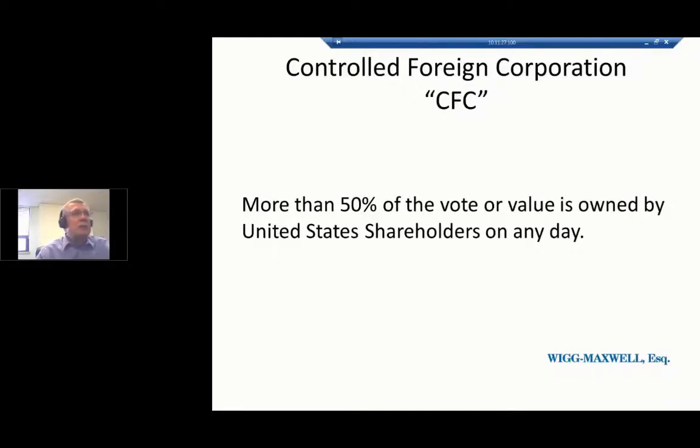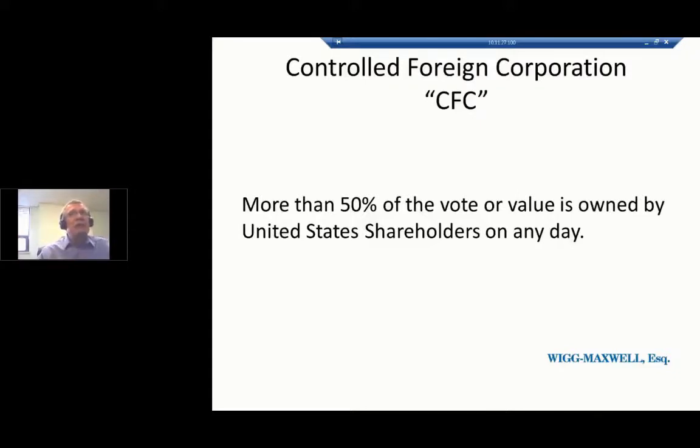But notice it's United States shareholders, not United States persons. There's a difference. A shareholder is defined for this purpose. A United States shareholder is a person who owns 10% or more of the vote or value of the foreign corporation. So the 50% test is one where you have to be more than 50%.